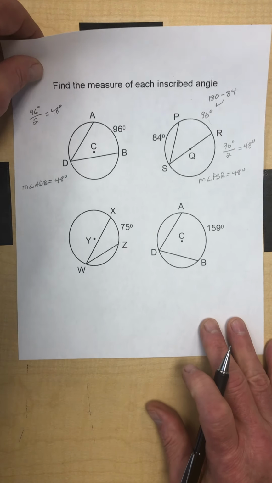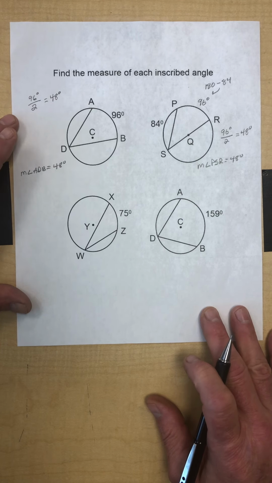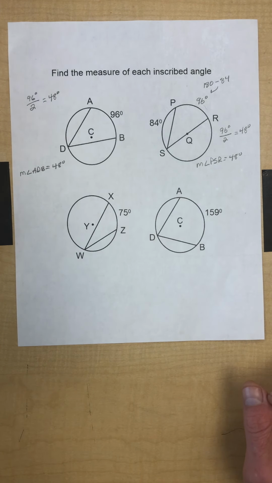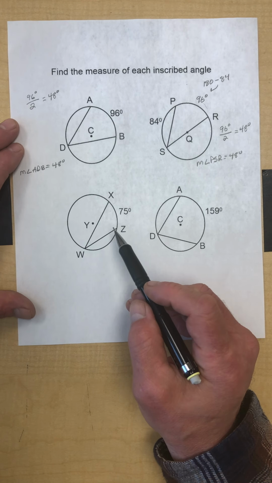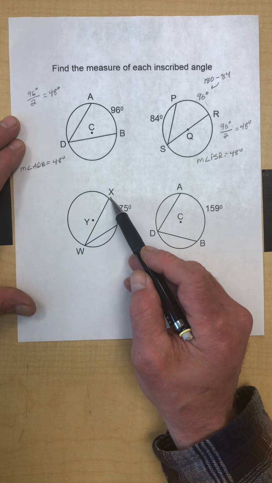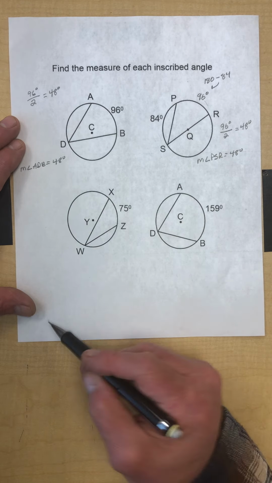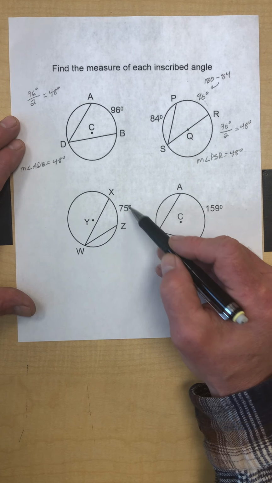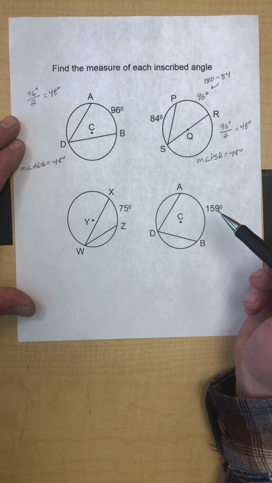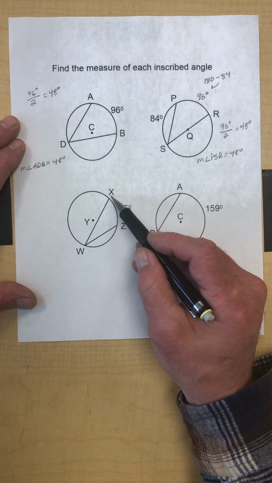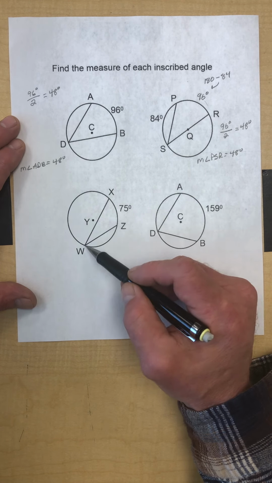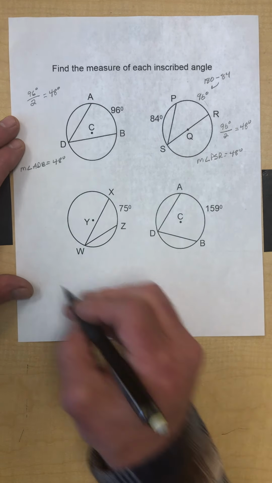Now we move to these guys down here. Same situation, shouldn't be a big deal. Notice that we have inscribed angle XWZ, and its intercepted arc is 75 degrees. So the measure of inscribed angle XWZ has to be half of 75.